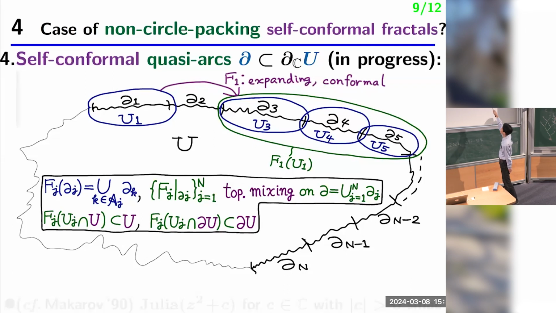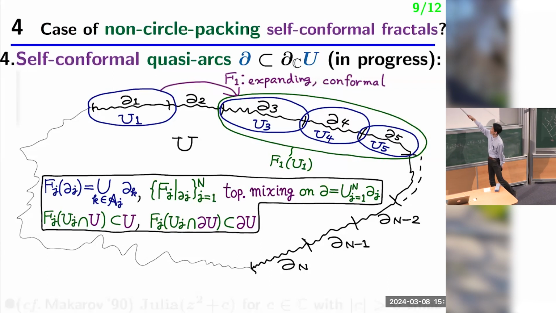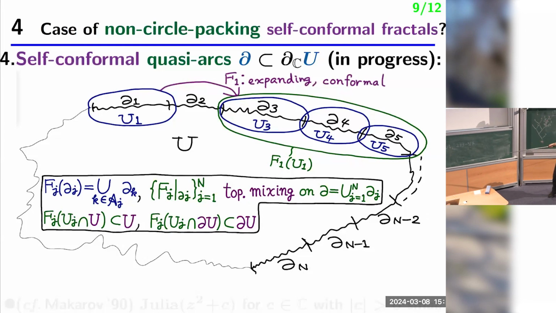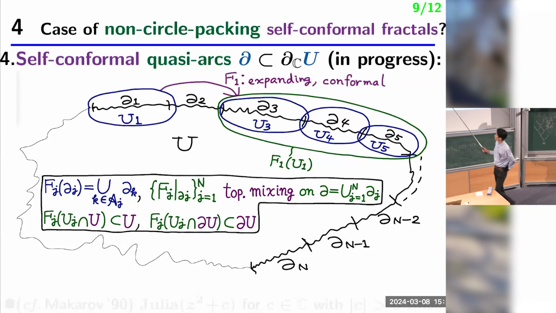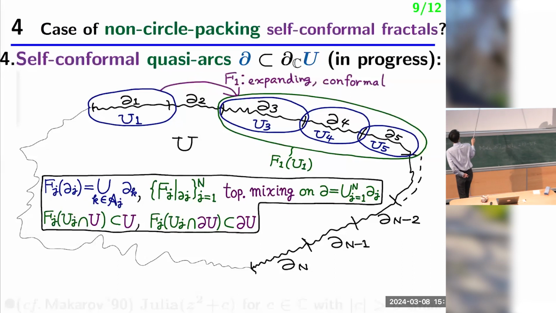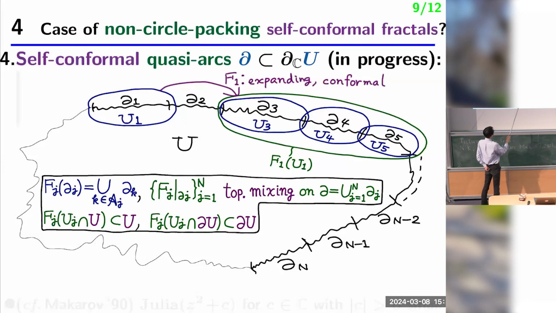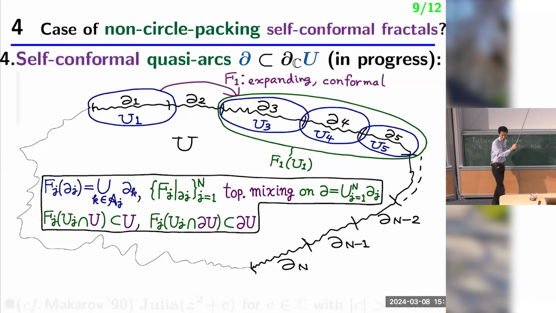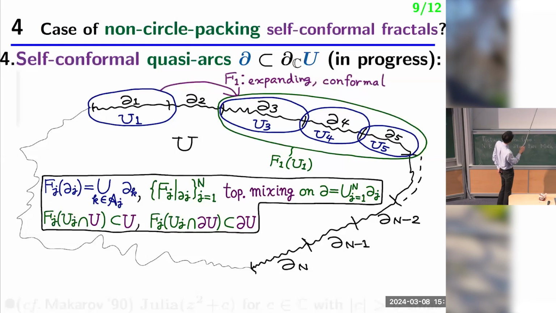It can be the whole of the boundary, but it can also be just some connected part of the boundary. And we assume that it's self-conformal in the following way.